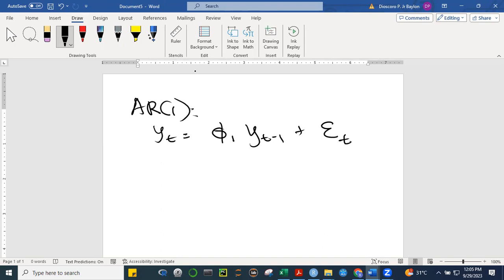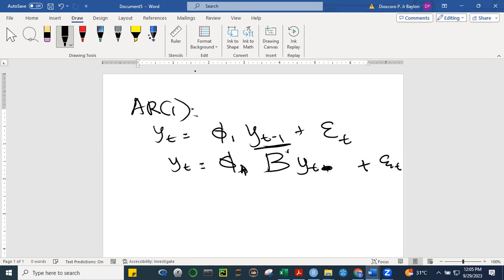This y sub t minus 1, class, can be written with the backshift operator B1, understood, since it's only one lag. So I'm replacing y sub t minus 1 with B y sub t. So our lag values are expressed in terms of y sub t. Okay? Plus epsilon sub t.